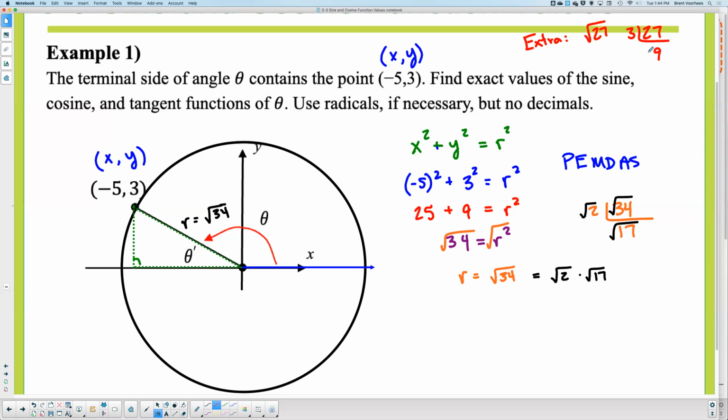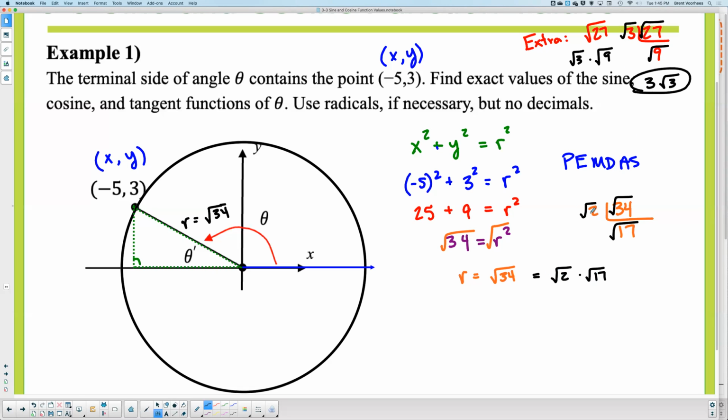And 9, you could just stop there. You could say the square root of 27 is the same thing as the square root of 3 times the square root of 9. Can the square root of 9 be reduced? To what? 3. So that could be 3 square roots of 3. Does that make sense?